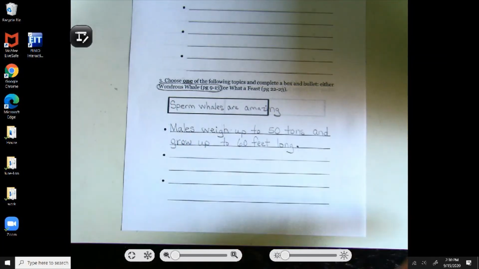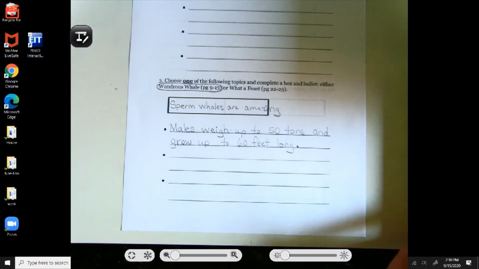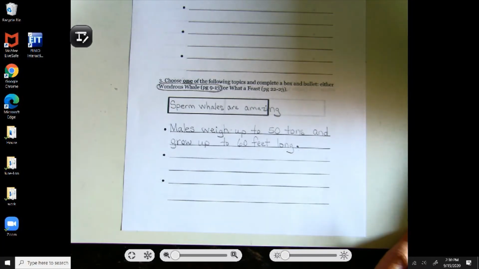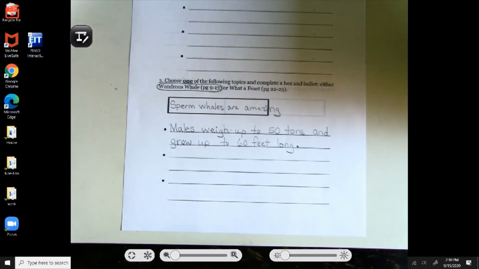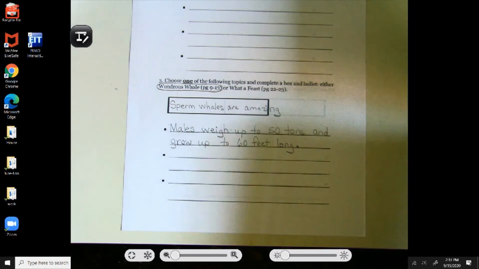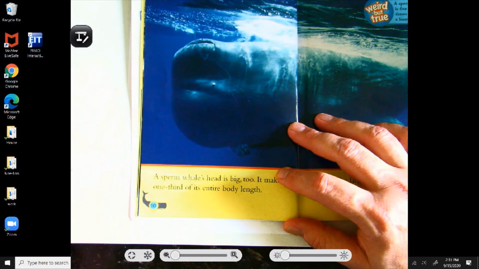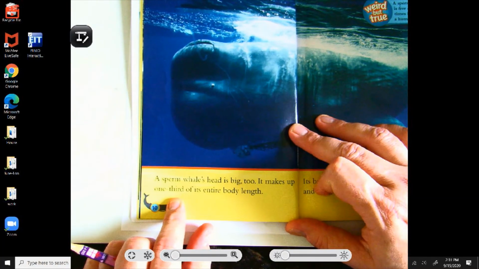Let's see if we can find another amazing fact in this chapter. Okay, I remember when we were just reading this aloud, I was pretty amazed by this fact.